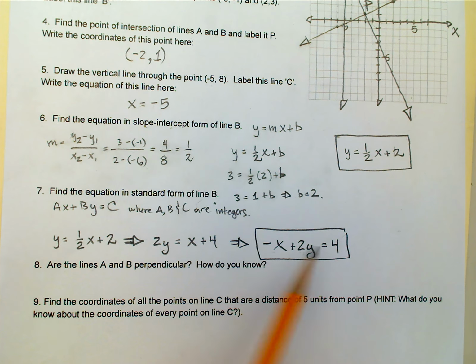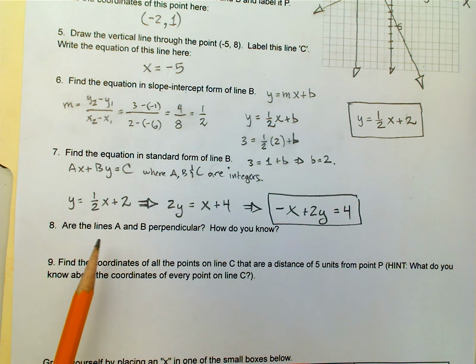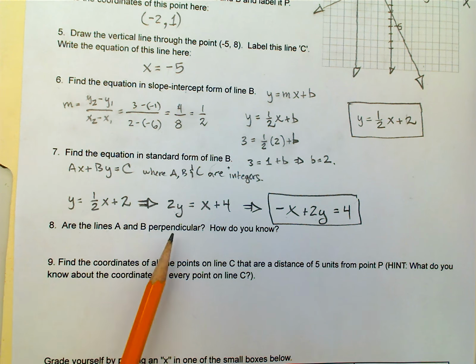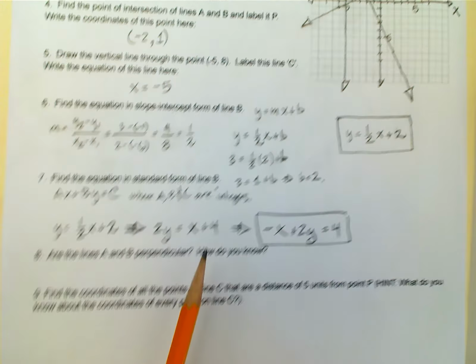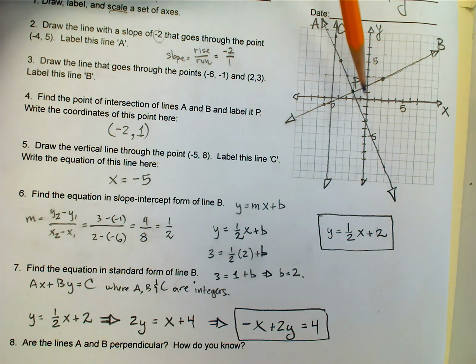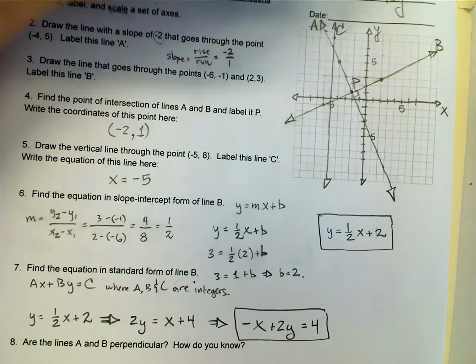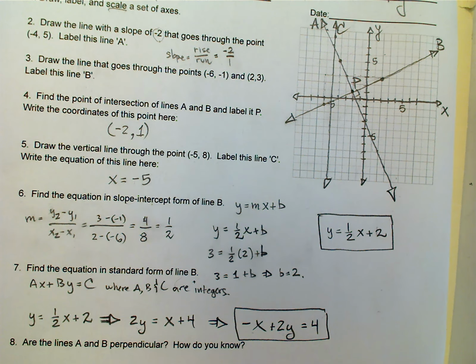Now I'm done with number 7, and then question 8 asks if lines A and B are perpendicular, and how do we know that? Well, first of all, let's look at these lines. They look pretty darn close to perpendicular to me, right? This looks to be about a right angle right there.